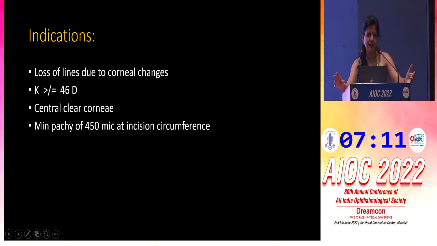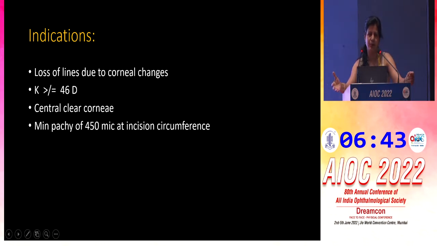Now, when do you think about inserting corneal segments? When there is loss of vision due to keratoconus. It can also be done in a patient with good vision, but with a very high refractive error, a very irregular cornea. Most such people do not have a corrected distance visual acuity of 6/6, so that is why the loss of lines comes into significance.